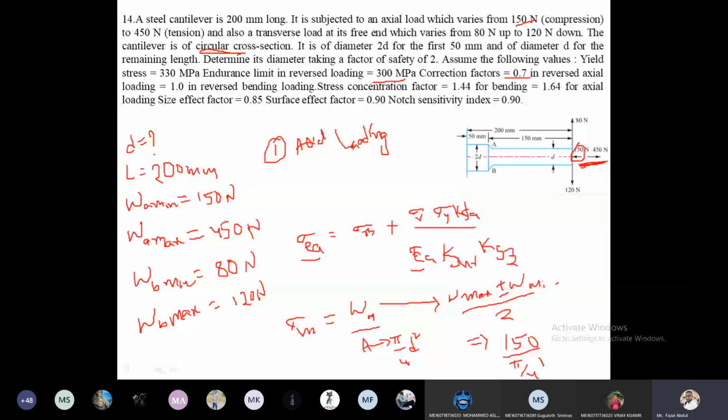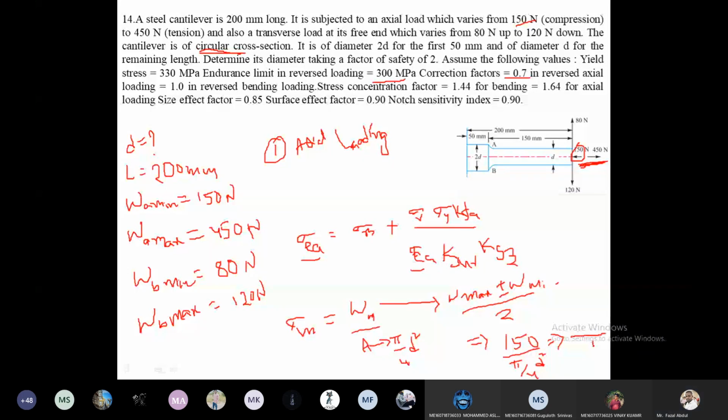The answer you will get is 190 exactly. 190.98, I am writing 191. Units is megapascal, Newton per mm square.